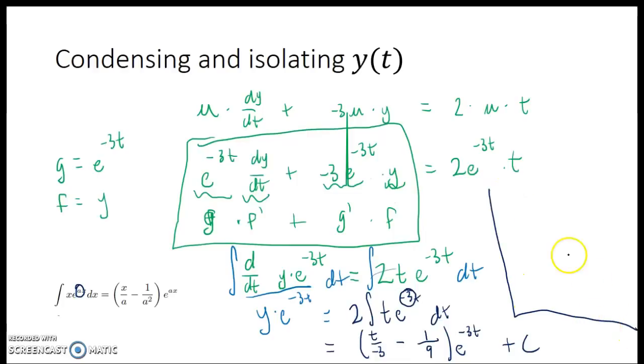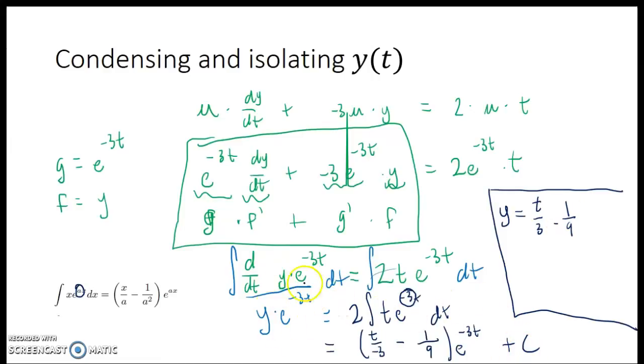So over here, I will actually write the final solution now. All that's left is I have to divide both sides by e to the negative 3t, and I get y is equal to, let's see, well, e to the negative 3t divided by e to the negative 3t will just leave me what's in parentheses, which is t over 3 minus 1/9. But I have to divide the constant.